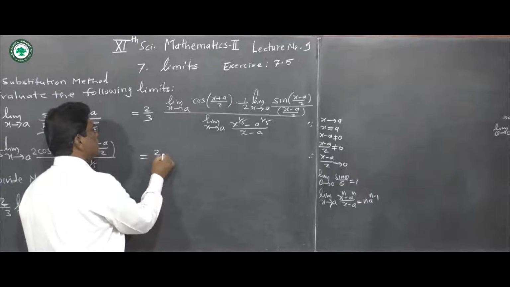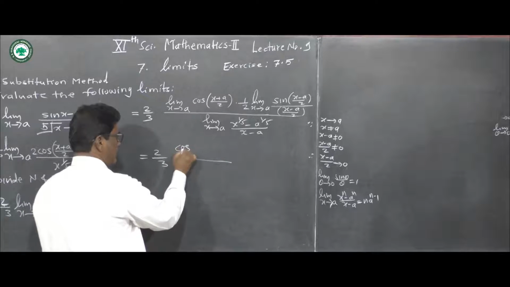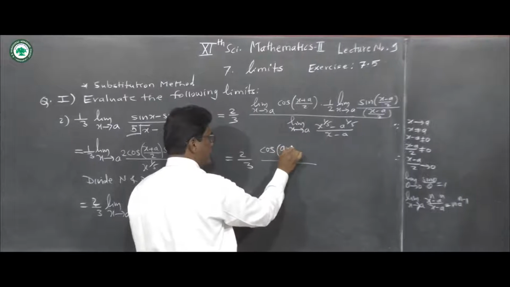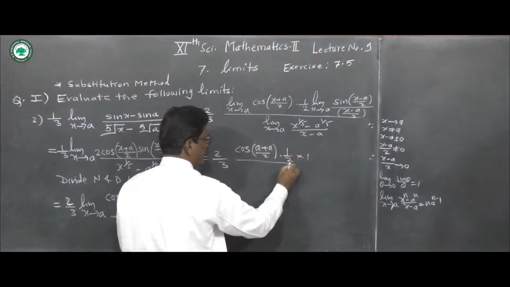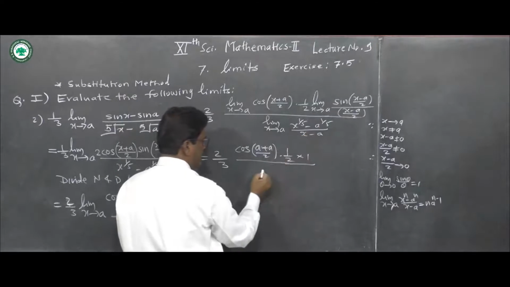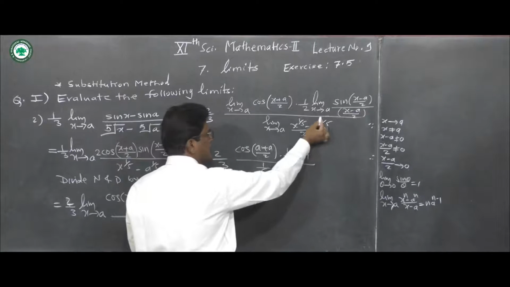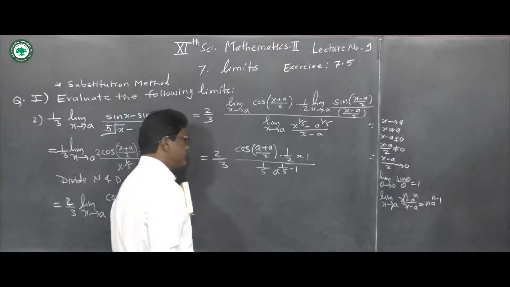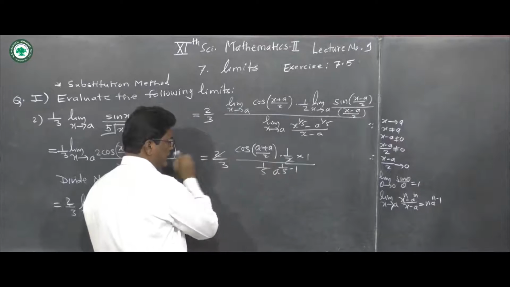So here 2 upon 3 into cos of x, in place of x we take a, so (a plus a) divided by 2, into 1/2 into 1, and divided by n into a to the power n minus 1, where n is 1 upon 5, so a to the power 1 upon 5 minus 1. Now this 2 and 2 get cancelled.